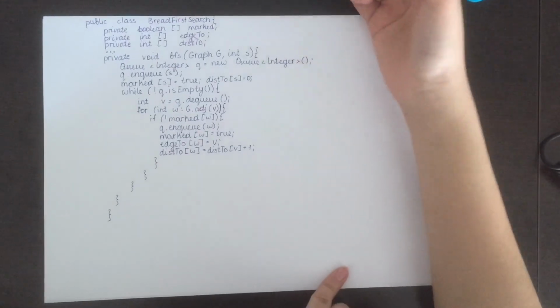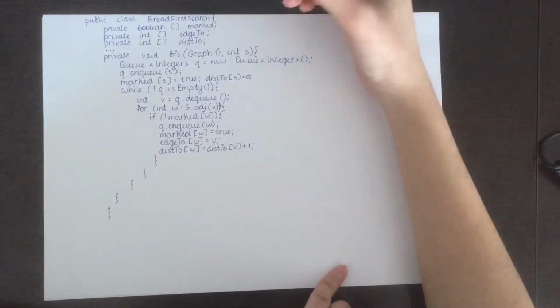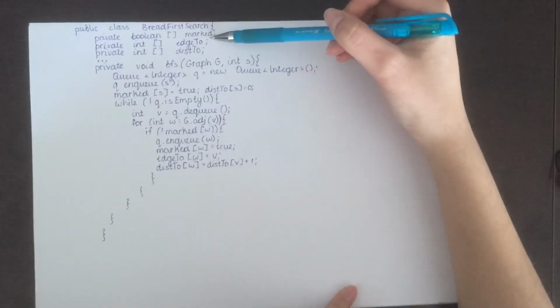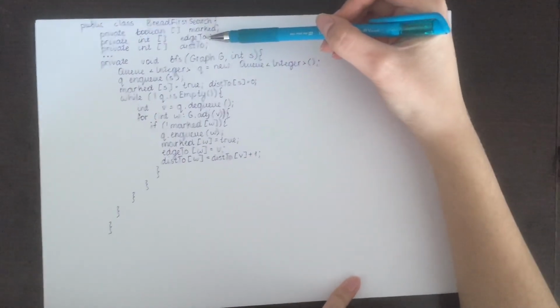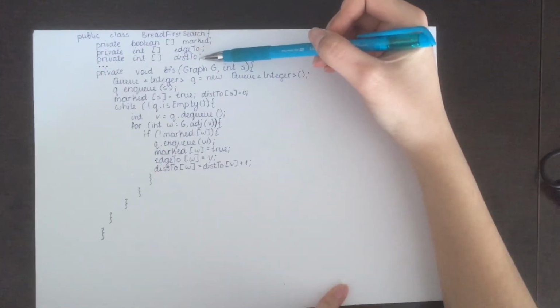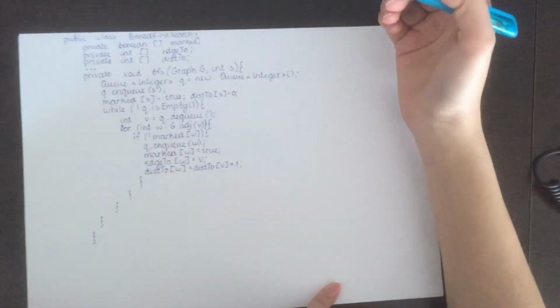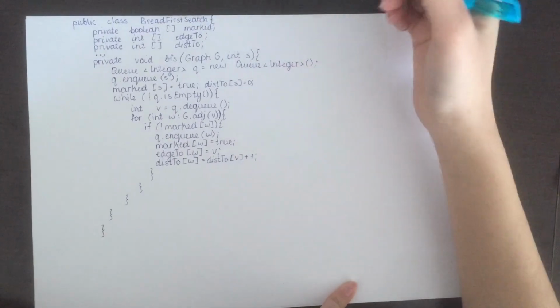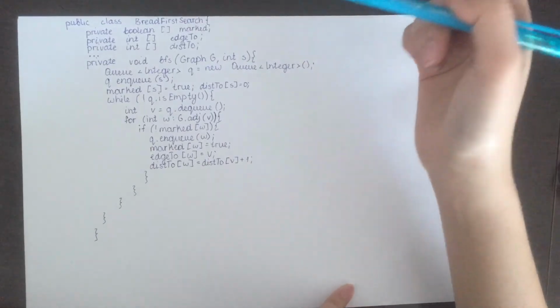Okay, here is the code of breadth first search. As you see, we use a marked boolean array, an edgeTo integer array, and a distTo integer array, and that's all. These three data structures are what we're using in BFS.